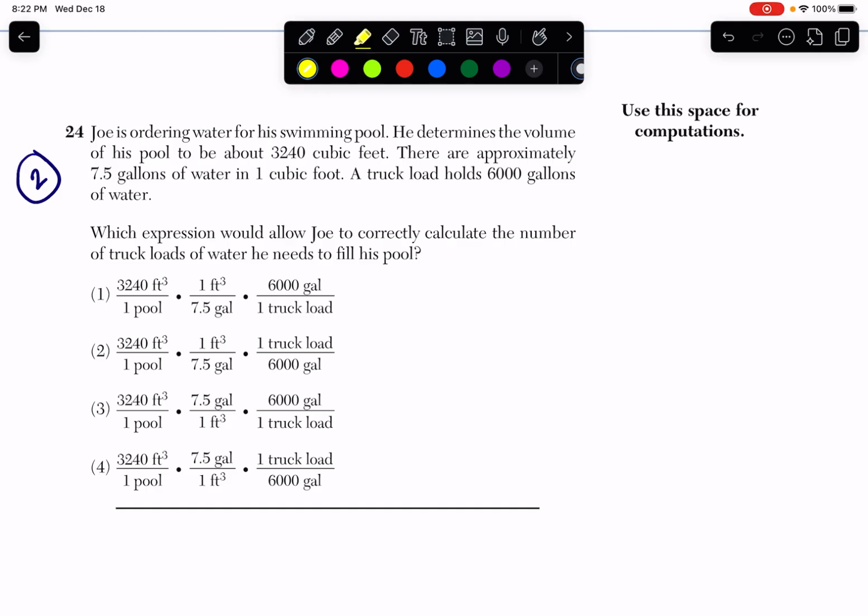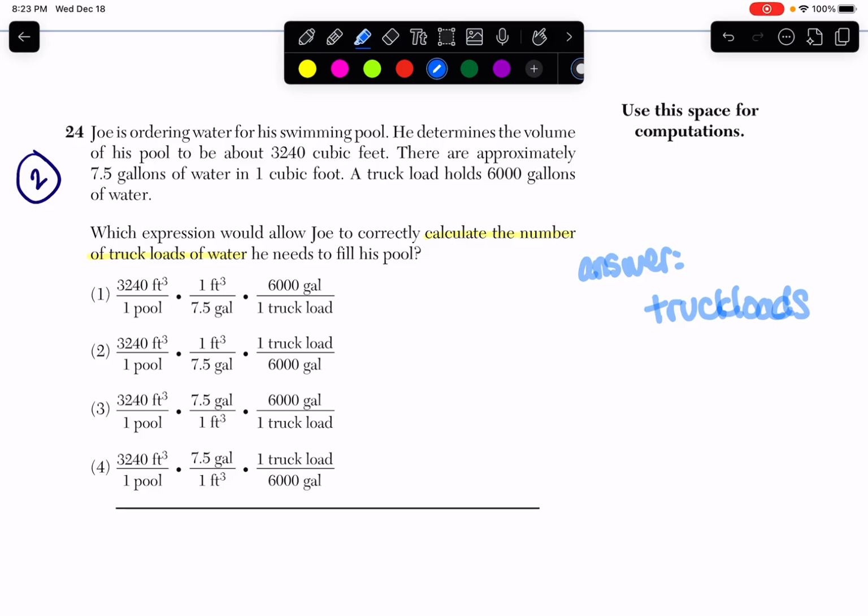If it's a rate conversion problem, you don't care about much. All you care about is, what does he want? He wants to correctly calculate the number of truckloads of water. So he wants an answer to be truckloads.